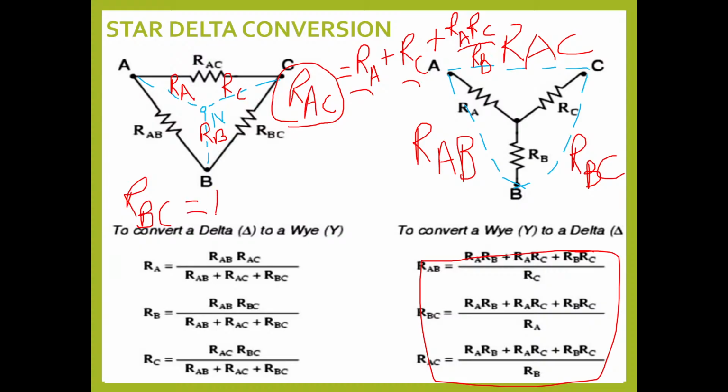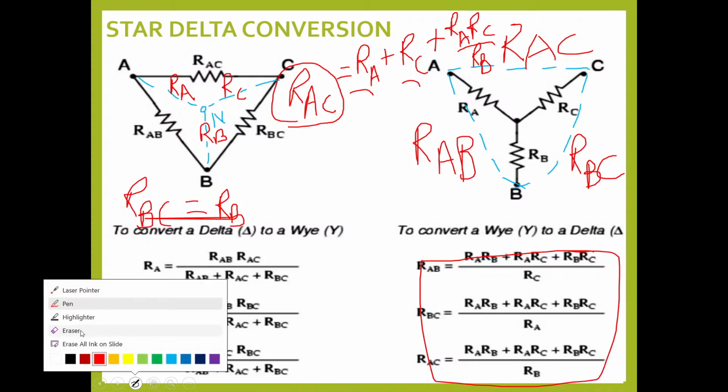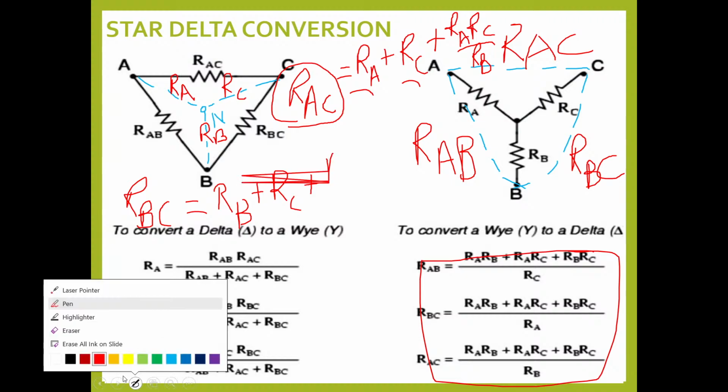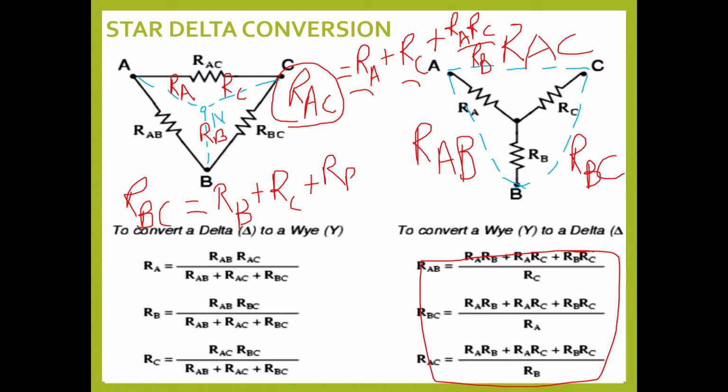So RBC is equal to RB plus RC plus RB into RC divided by what is left over? RA. I'm unable to write B here, my cursor isn't responding to me.